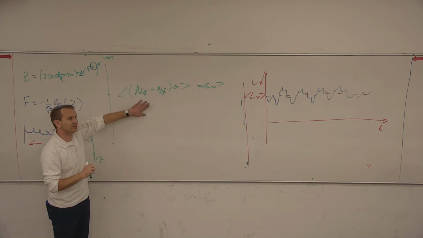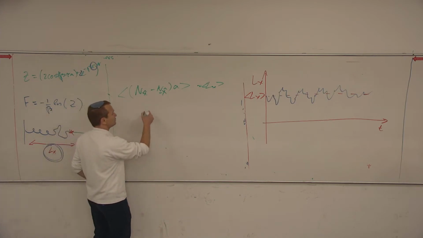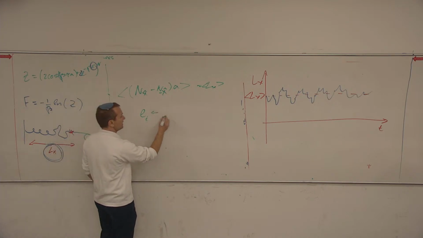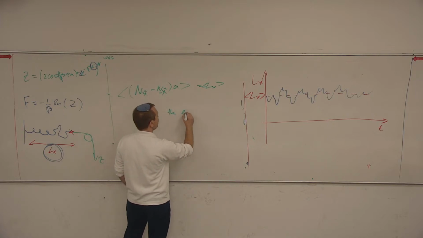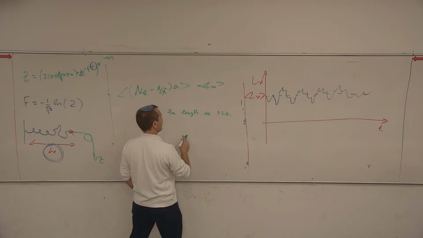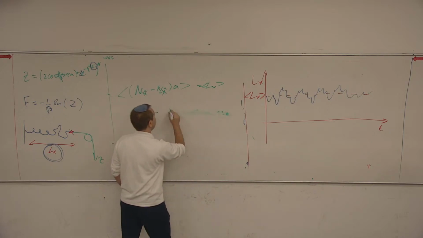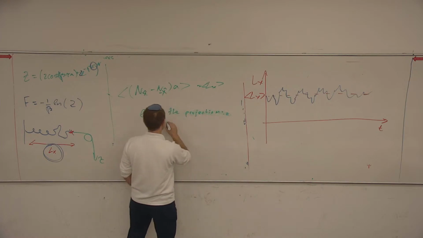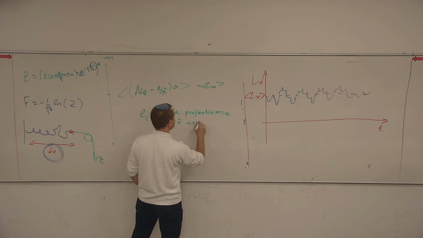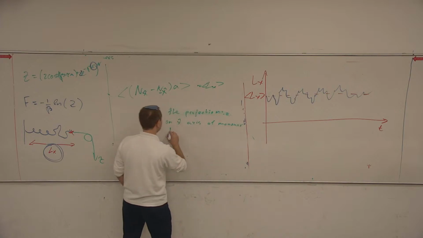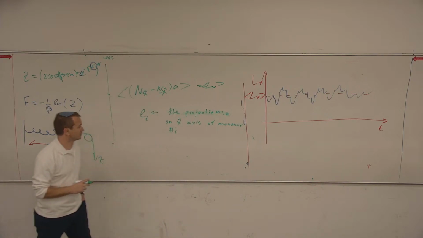Let's look at the left-hand side as Li. What is Li? Li is the length, or the projection on the x-axis, of monomer number i.